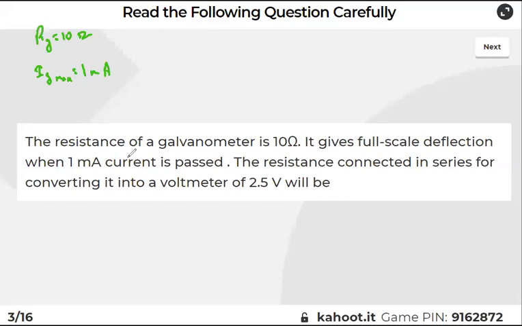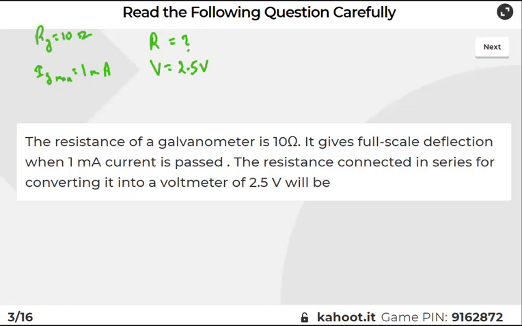The resistance connected in series for converting it into a voltmeter of 2.5 volt range is required. Sorry, voltage is 2.5, right? Voltage should be 2.5 volt. What is R? You have to find R.